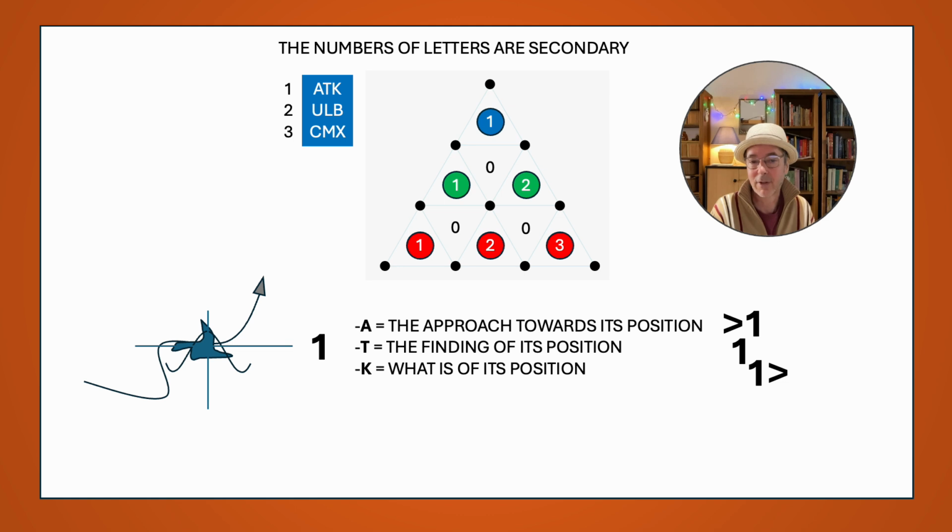But actually, if you say it's an approach towards 1, it's actually not yet 1, so it's less than 1. That's how I found out that you have to see it like that. These tuning-ins are approaches towards 1. The T is exactly 1, and the K is already more than 1.